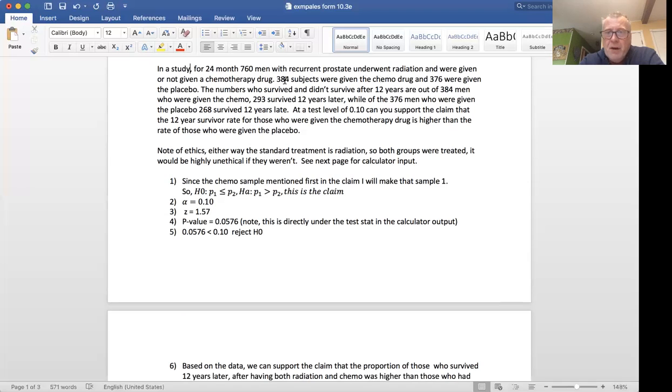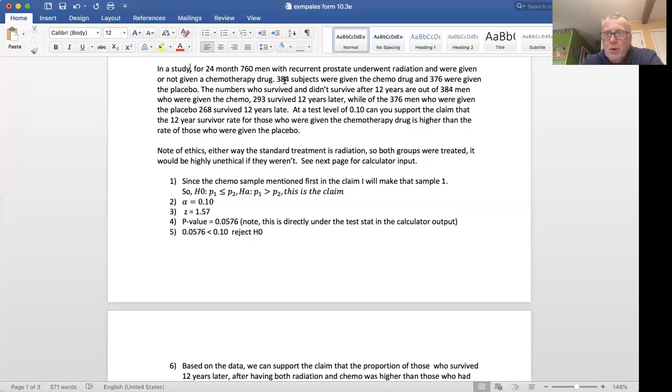The number who survived after 12 years out of the 384 who were given chemo was 293, while of the 376 men who were given a placebo, 268 survived 12 years later. At a test level of 0.1, can you support the claim that the 12-year survival rate for those who were given chemo was higher than those who were given a placebo?